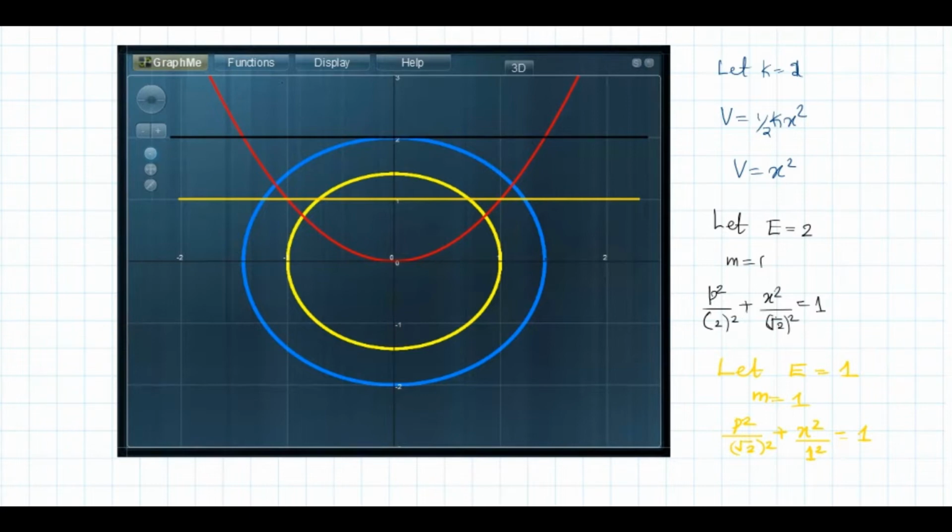Now, if you change the potential to something like V of x is equal to k into mod x. What is the meaning of k into mod x? Its value is minus kx if x less than 0, and its value is kx if x greater than 0.